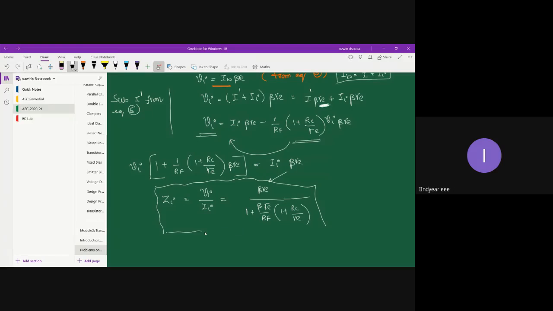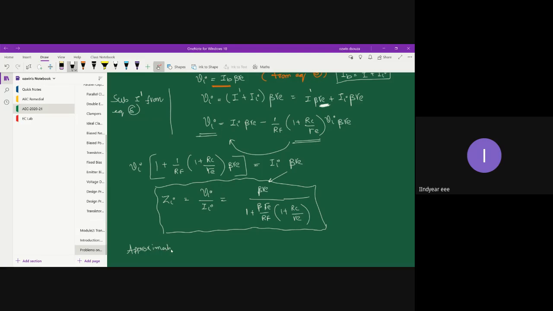As expected, you will get a kind of crazy expression. So Zi is equal to beta re divided by 1 plus beta re divided by Rf into 1 plus Rc by Re. If you want, you can go for approximation.